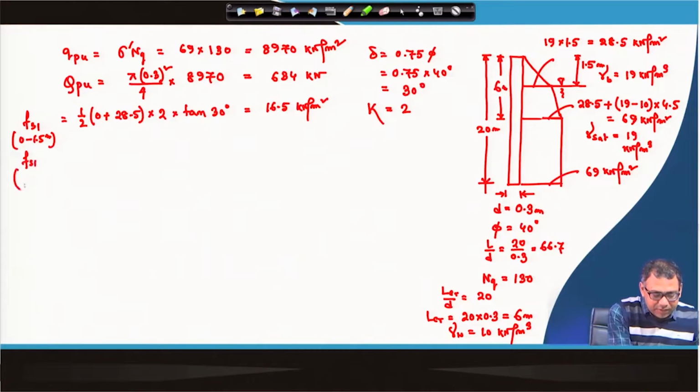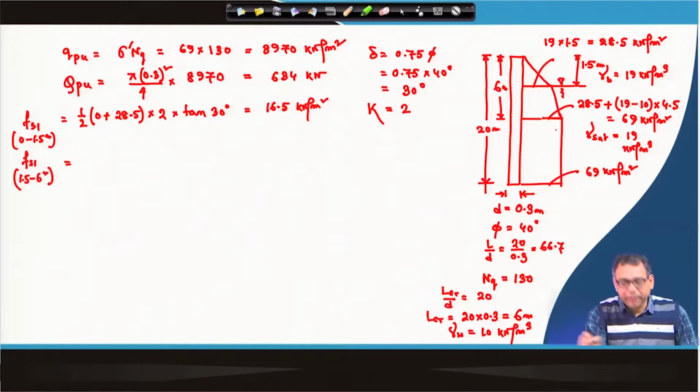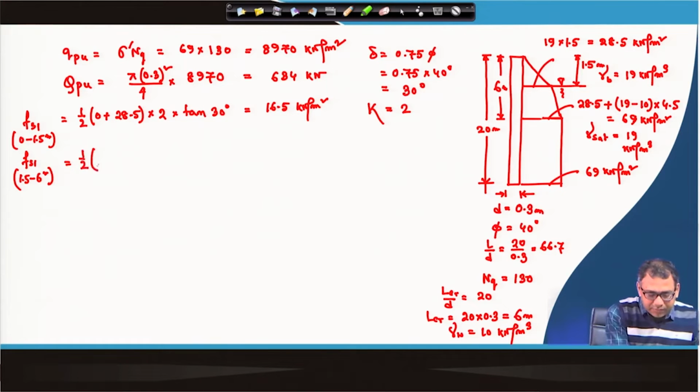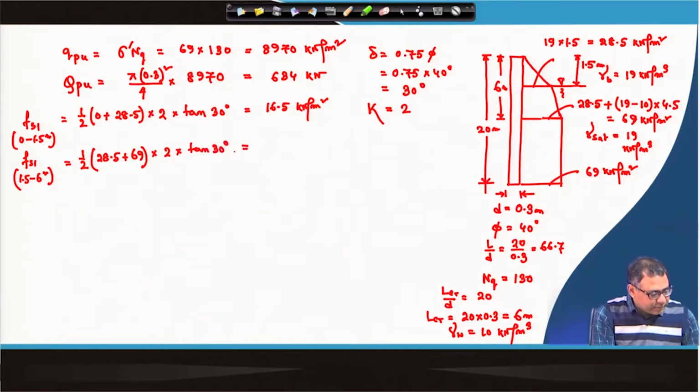Similarly, FS for 1.5 to 6 meter has two values. Half of 28.5 plus 69, into 2 into tan 30 degree, that is equal to 56.3 kilonewton per meter square.